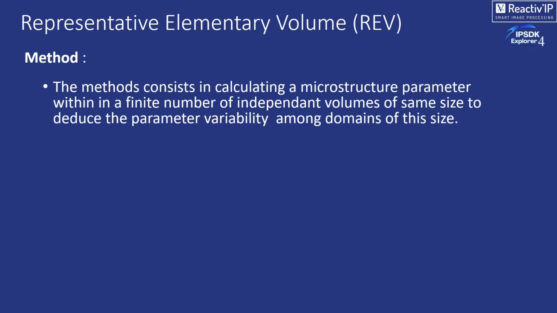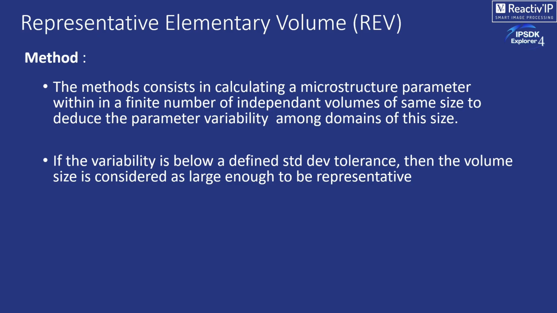So the idea of the representative elementary volume is you compute a microstructure parameter and you make some blocks of the same size, compute this parameter on several blocks, extract a variability, and then you increase the block size, and we do that again and again and again. Then you define a tolerance that will be acceptable for you.